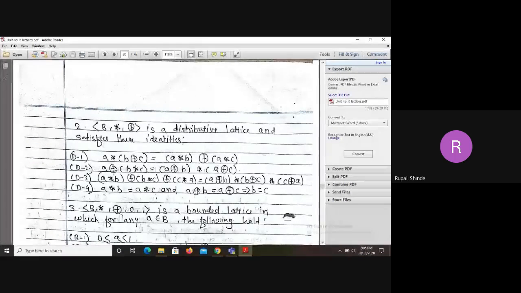D1 is written as A star, in bracket, B XOR C. This equals A star B XOR A star C. What we did here is just apply this star operation over this bracket. Have you understood this first property?